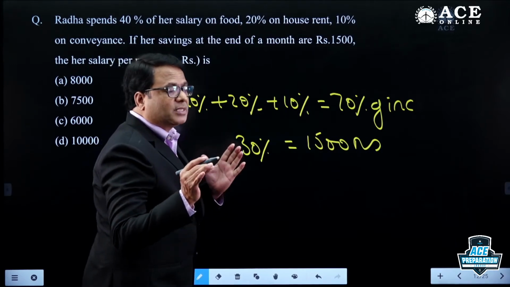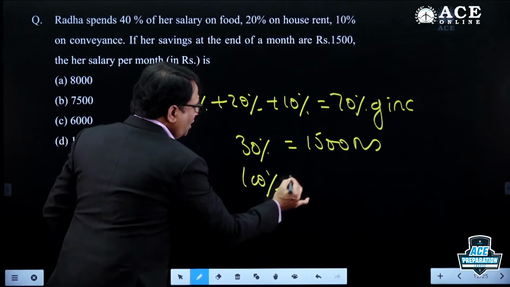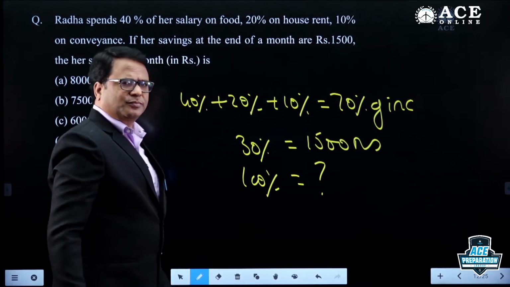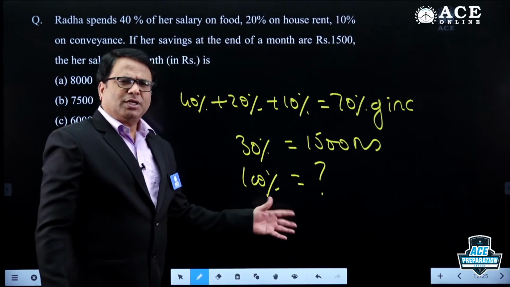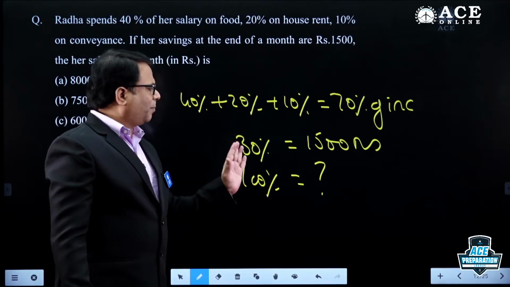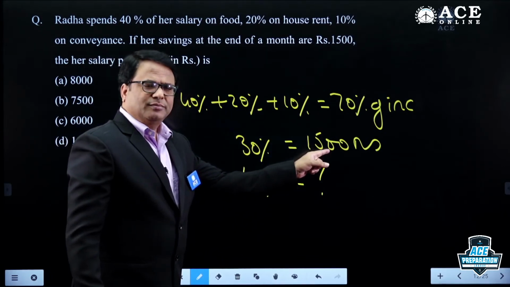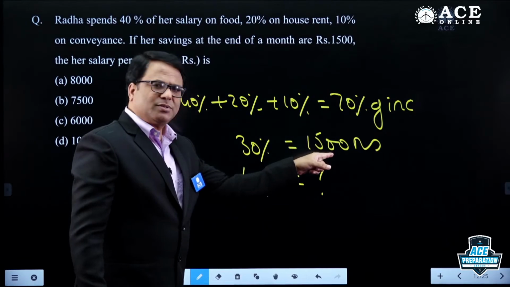And the question, what is her monthly salary? Monthly salary means 100%. How much? No need to calculate here. You can get the answer by comparisons. If you do horizontal comparison, 30 is becoming 1,500. That means it is becoming 50 times.